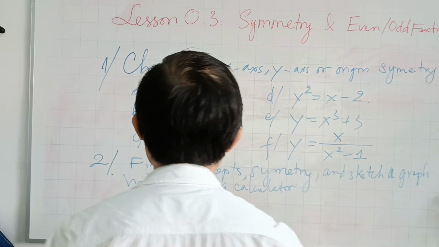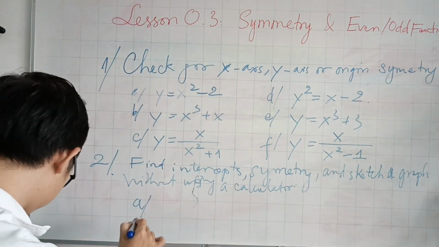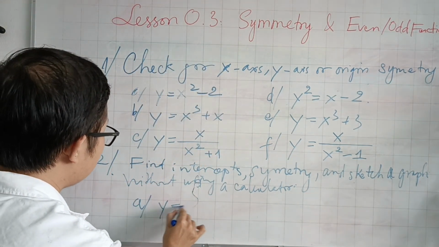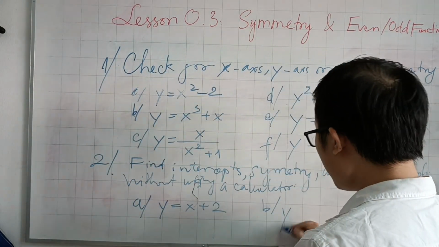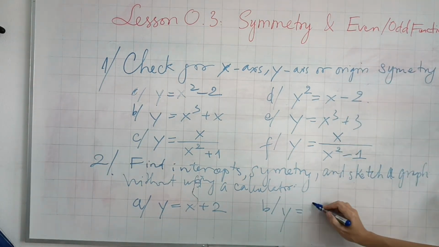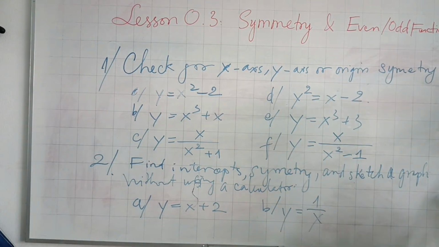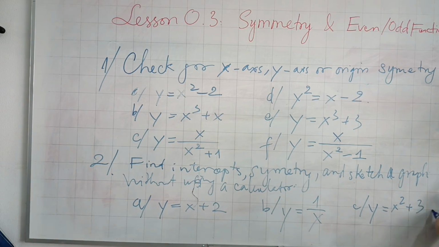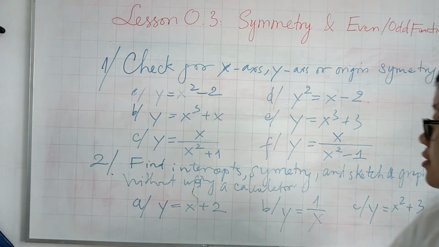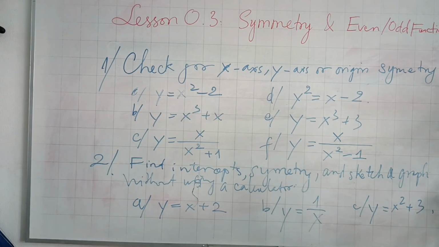We have 3 smaller questions here. A, y equals x plus 2. B, y equals 1 over x, the reciprocal function. And C, y equals x squared plus 3. This is a line, hyperbola and parabola. Okay, this is your homework.